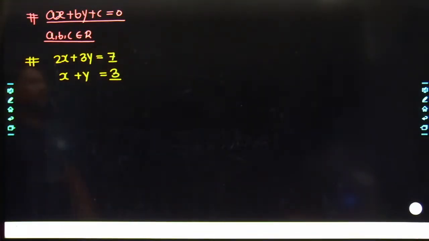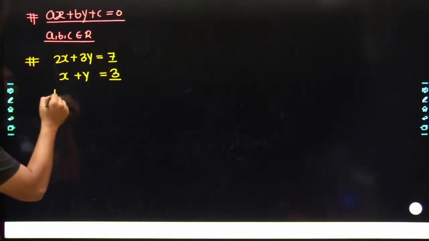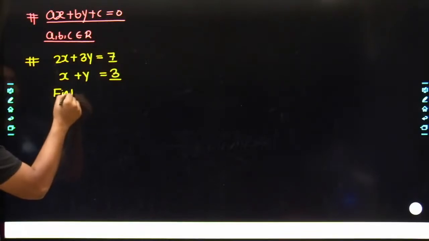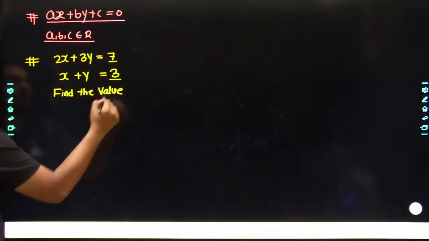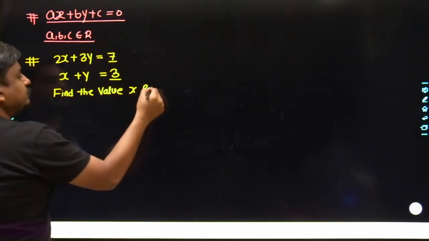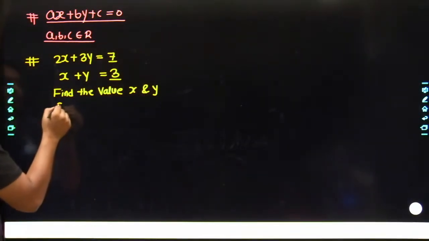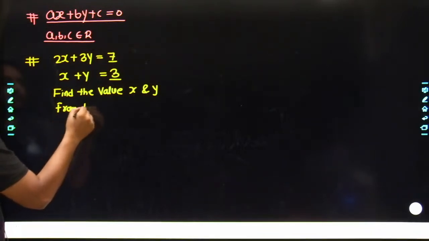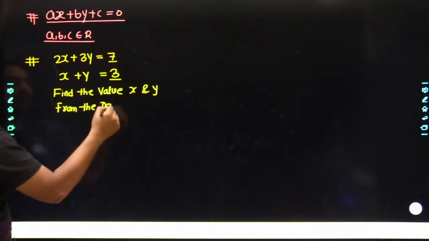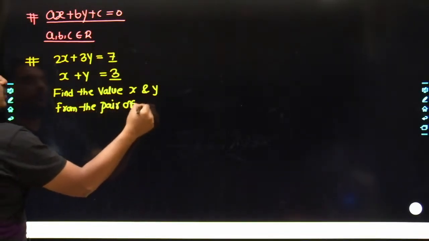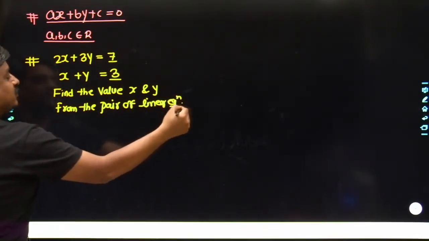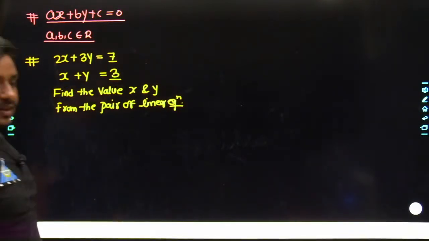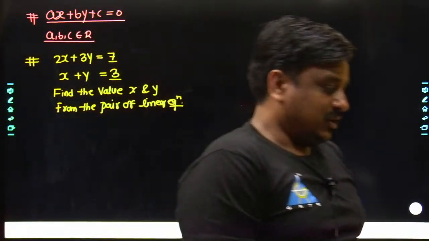I would like to ask each one of you, find the value of x and y from the pair of linear equations. This is the first practice question of the day.